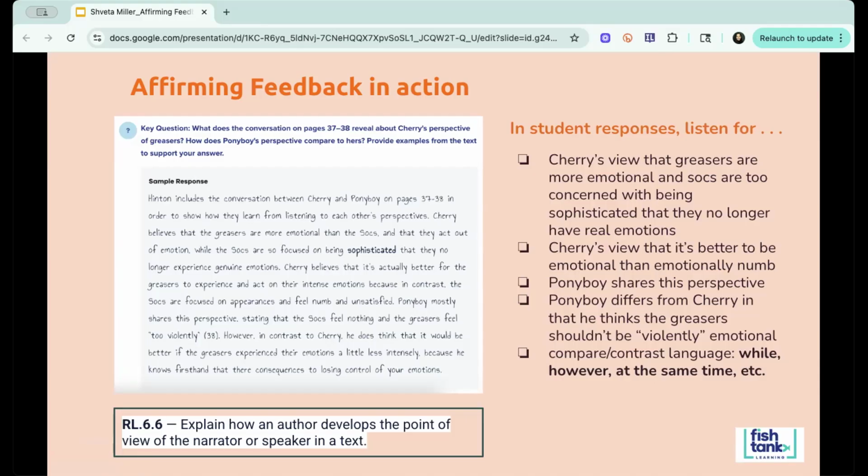And so just a reminder too, this can look like a one-on-one. This could look like feedback in writing on something the student submits.